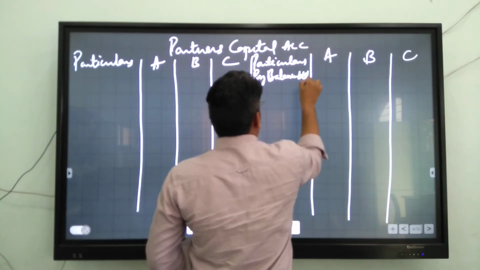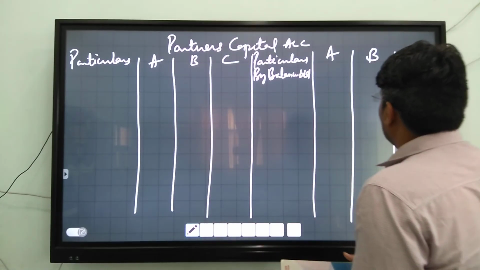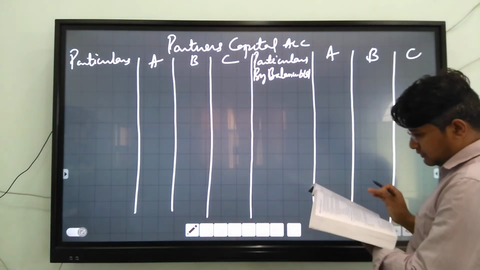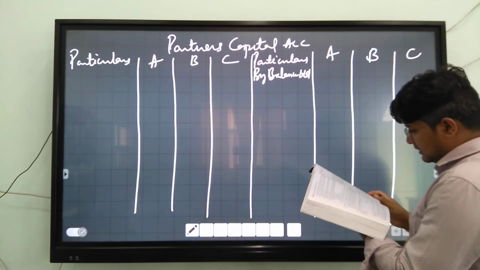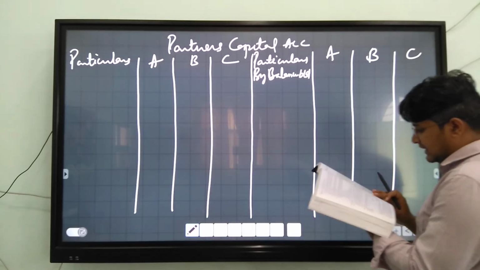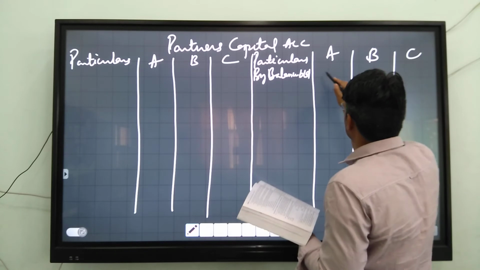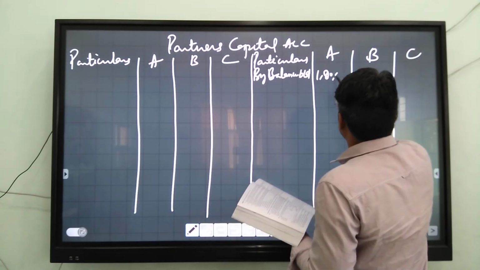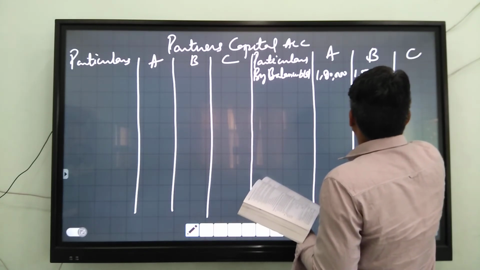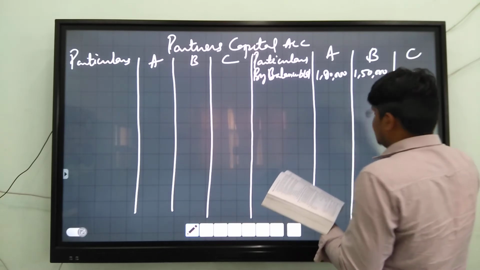By balance b/d, it's the opening balance of the capital of the partners. That is given in the balance sheet as A's capital 1,80,000 and B's capital 1,50,000.